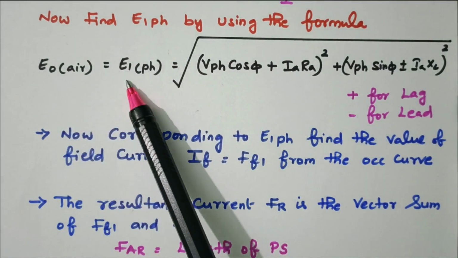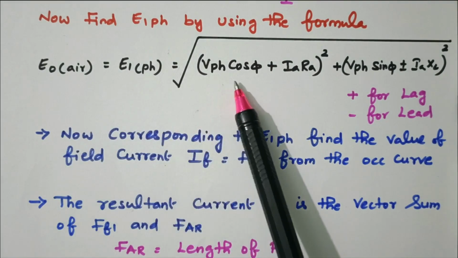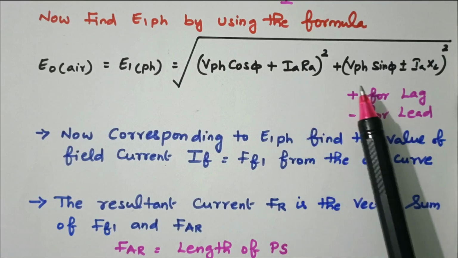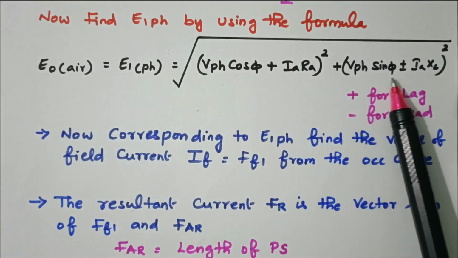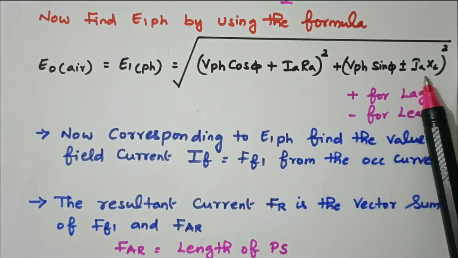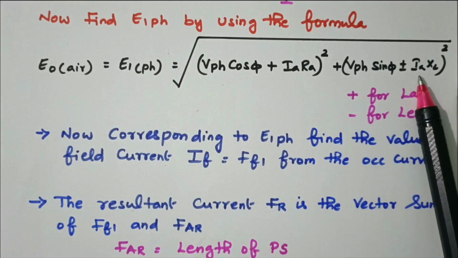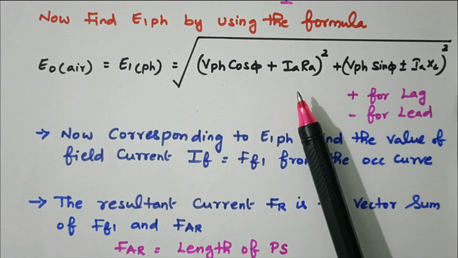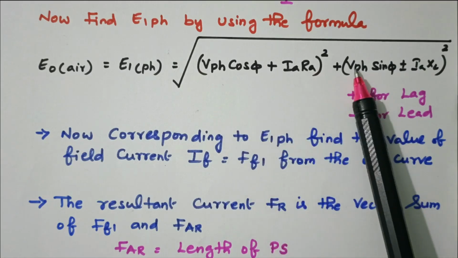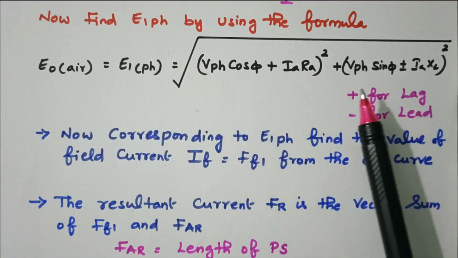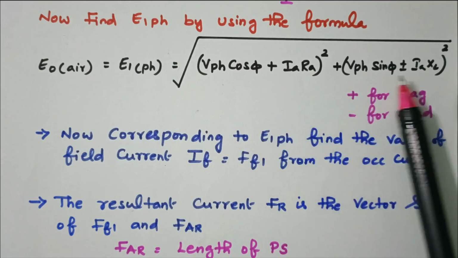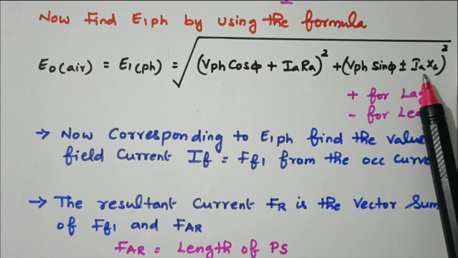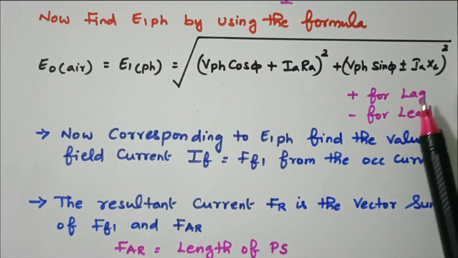E1 phase equal to the square root of (V phase cos phi plus Ia Ra) squared plus (V phase sin phi plus Ia XL) squared. This Ia XL we already got from the graph, RS, right? The V phase value is already known, cos phi value also known, Ia Ra also known, and Ia XL is found from the graph.